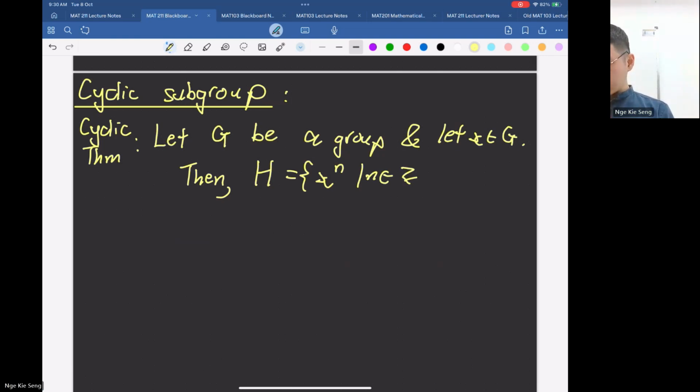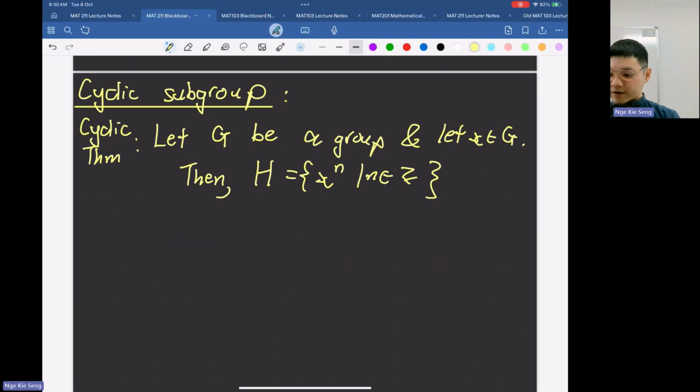How many powers do you need to take? Z many powers. If you don't understand the set, you should list down the elements inside it: x to the 0, x to the 1, x to the 2, x to the 3, x to the -1. Z many of them. I don't care what x is, but there are Z many of them.